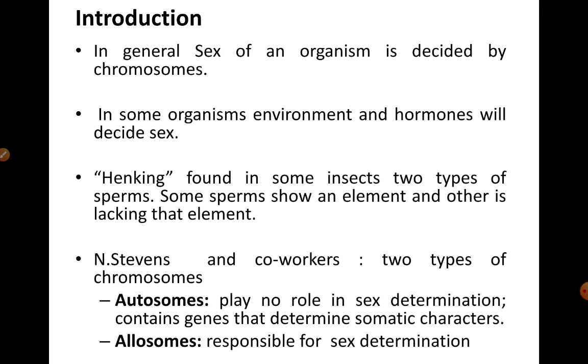The genes present on these autosomes are responsible for determining the somatic characters and sometimes influence the sex of the organism. And here both the chromosomes, that is the two homologous pair, are similar in shape and size, so they are termed as homomorphic chromosomes.